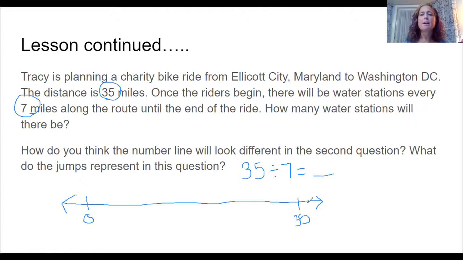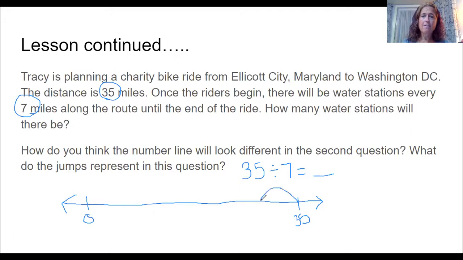So this time we're going to subtract because we're starting with the total, whereas before we were starting at 0. So we need to subtract 7 until we get to 0. Do we know how many times we have to? I mean, we do, but we wouldn't know that if we hadn't seen the other problem. So we have to keep going until we get to 0.